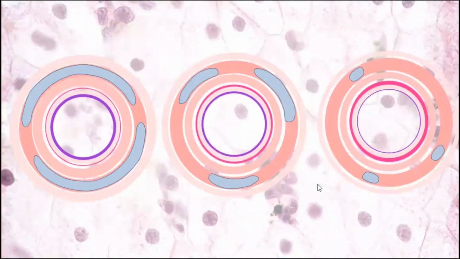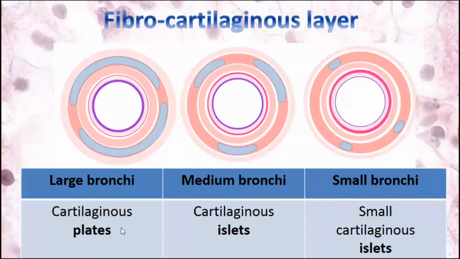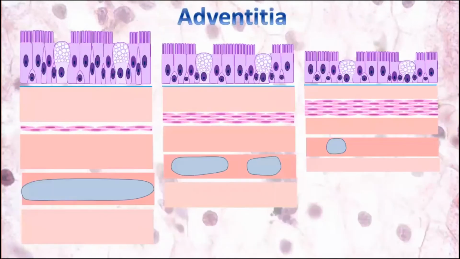Here we can see them. So here we can see big plates, small plates or islets, and small cartilaginous islets are present in small bronchi. These are qualitative changes of fibrocartilaginous layer of bronchi.